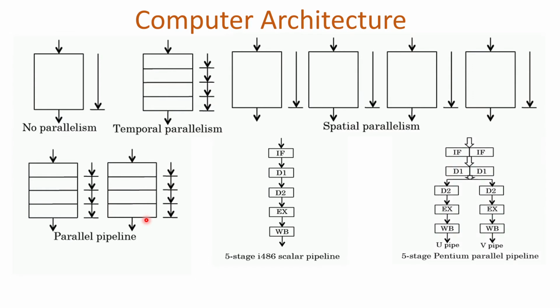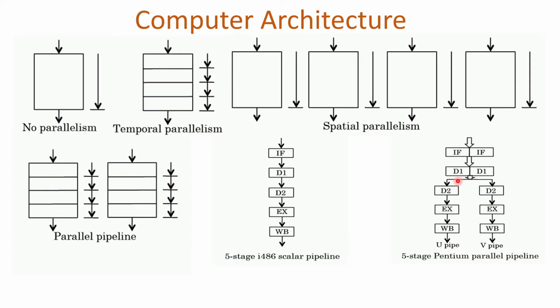That's why advanced pipelining, for example the 5-stage Pentium parallel pipelining, has increased the width of the stages, so that more than one instruction can run at a time in a particular stage. For example, here it is 2. So at a time you can fetch 2 instructions, continue with this for decode, and after decoding you will go for the U pipe or V pipe, depending upon the instruction type.